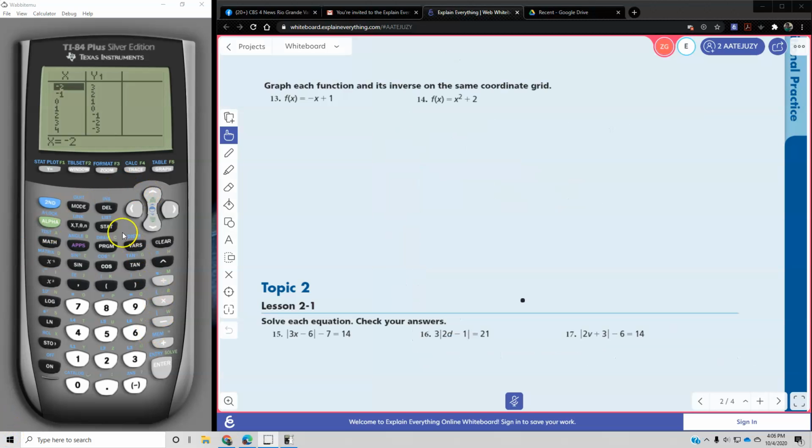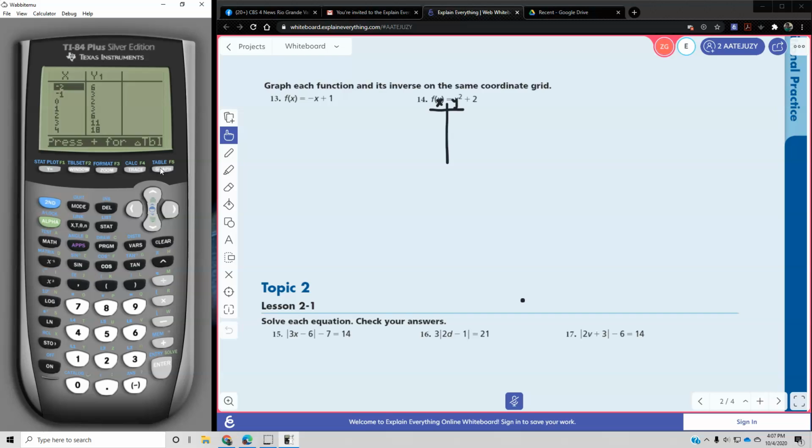Let's go ahead and do number 14. So we have y equals x squared plus 2. Go to your table, and I'm going to go ahead and make a table of my equation.